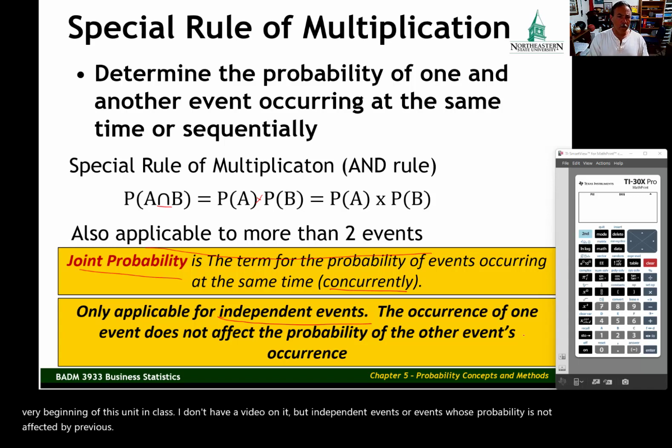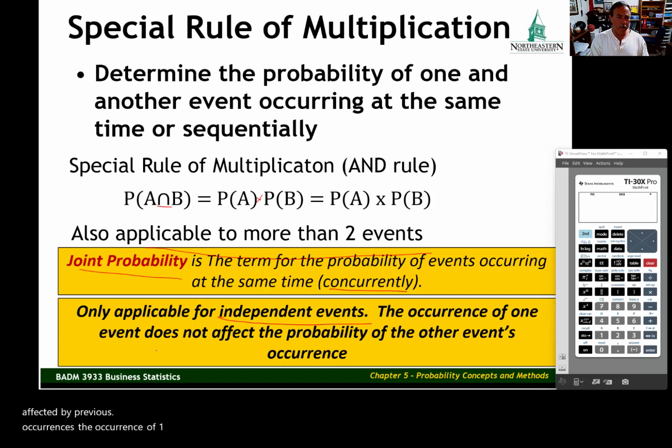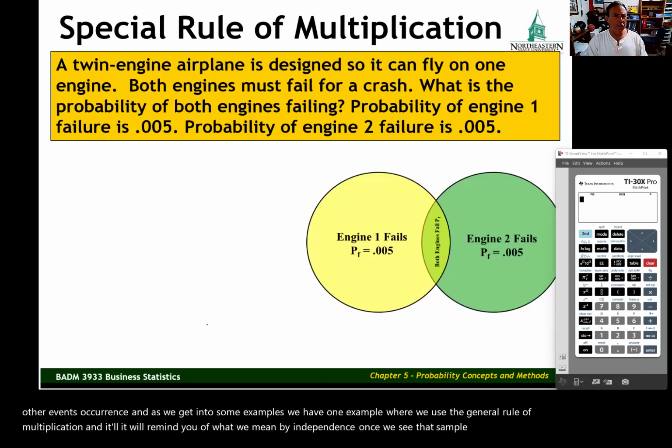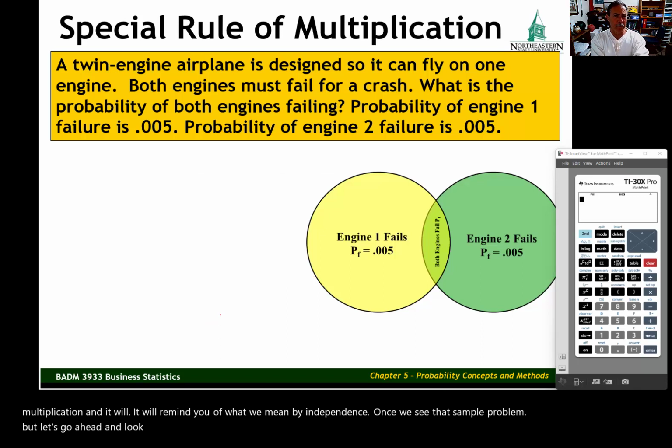The occurrence of one event does not affect the probability of the other event's occurrence. And as we get into some examples, we'll have one example where we use the general rule of multiplication, and it will remind you of what we mean by independence once we see that sample problem. But let's go ahead and look at a sample problem where we're using the special rule of multiplication.